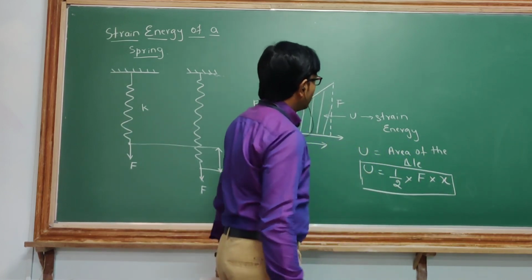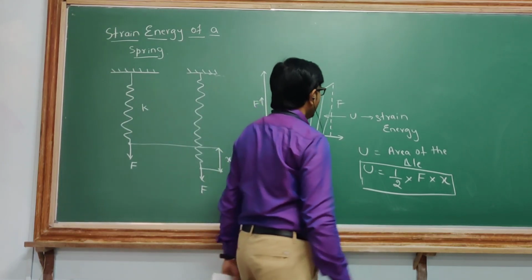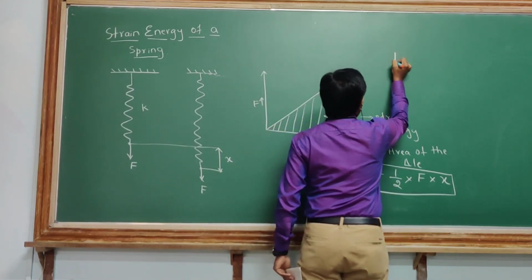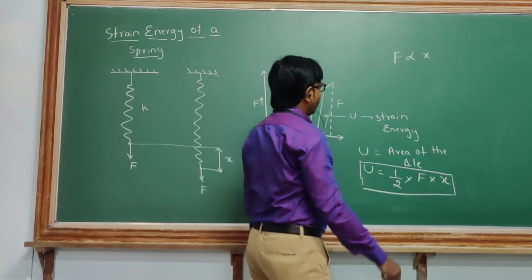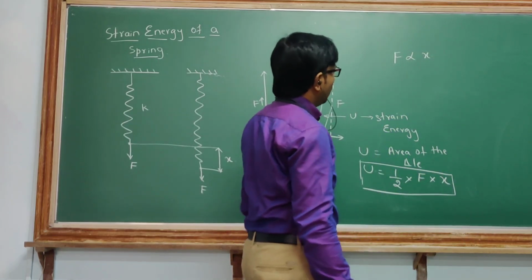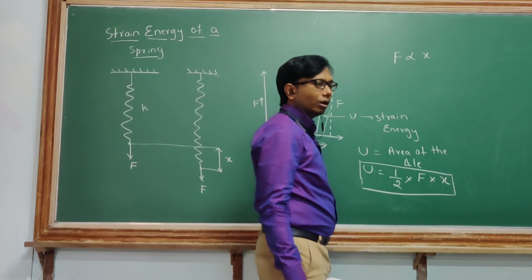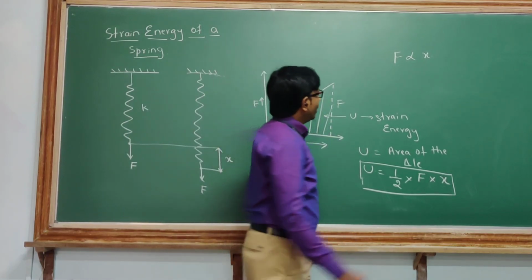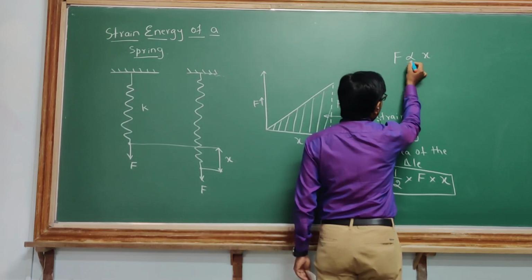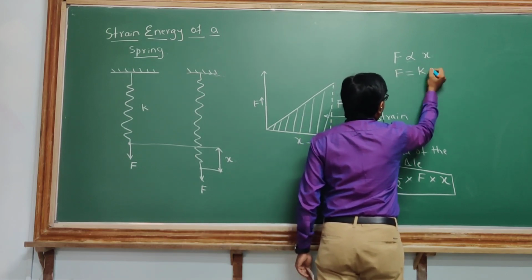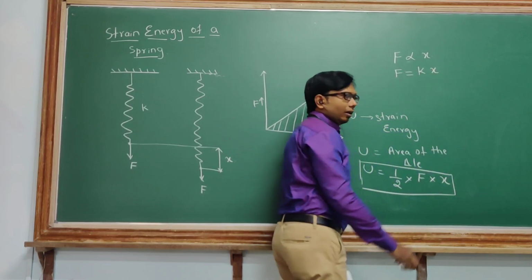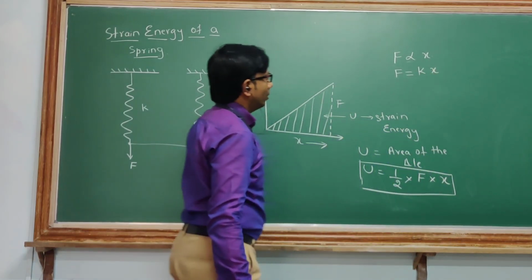In this particular spring, force is directly proportional to X, that is, force is directly proportional to the displacement. So if I remove this proportionality sign, I can replace the proportionality constant by a parameter called K, which is called the stiffness of the material.